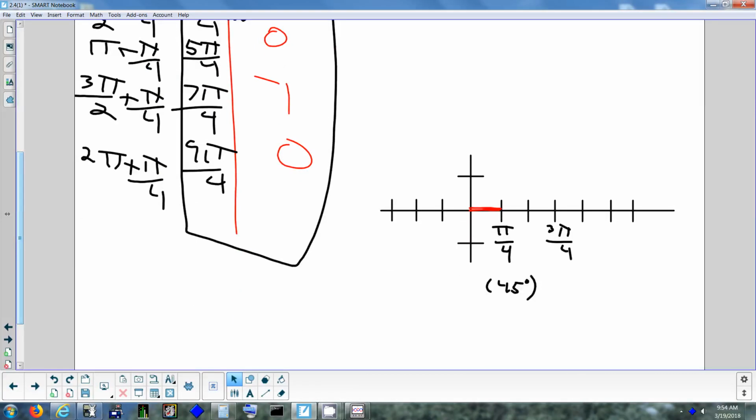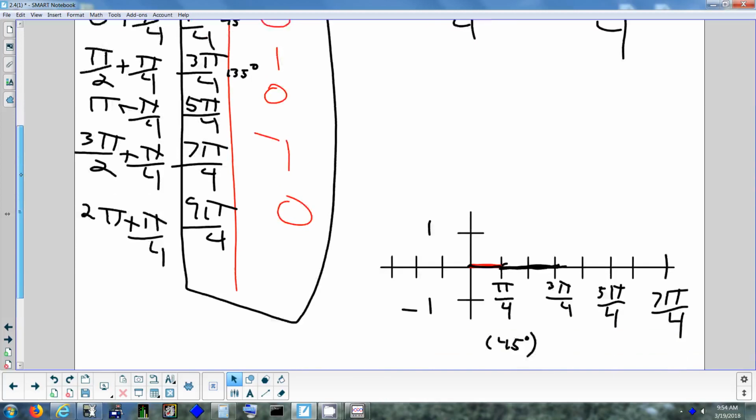If you're not sure, change it to degrees and look at the numbers and make sure you're spacing them equally. So 45, 45, 45. There's my gap of 90 to the previous point. Okay? This is kind of a weird thing that happens with pi over 4. Okay? That's how you label your axis.